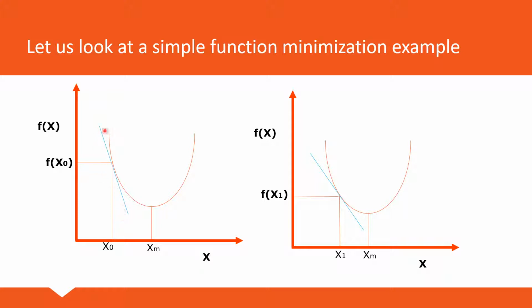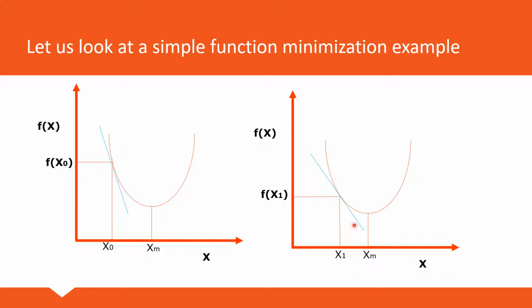Because this is the tangent, and if I calculate the gradient of f at x naught and add that magnitude to x naught, definitely x naught will move some distance towards xm. Let's say x naught moves to x1, which is closer to xm than x naught was.